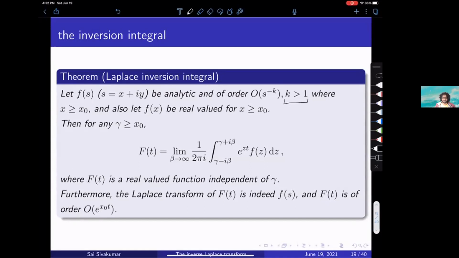except for whatever reason, I have no clue why. For convergence issues, probably, but we'll get to it later. K has to be greater than 1, though. If you want to do the inversion integral of, like, 1 over s minus z, that's not this.